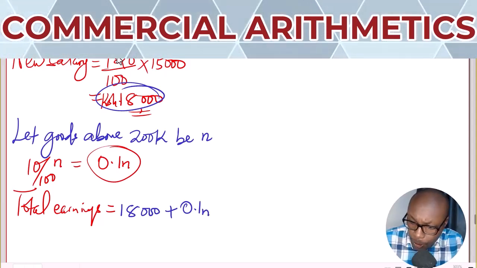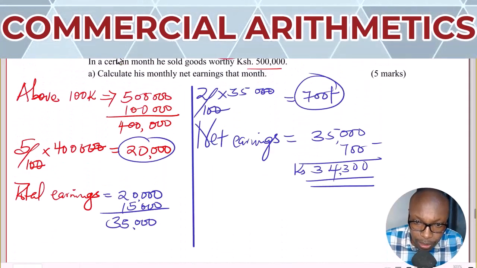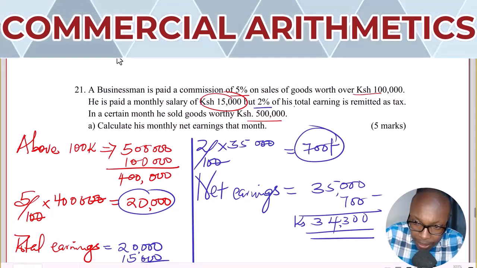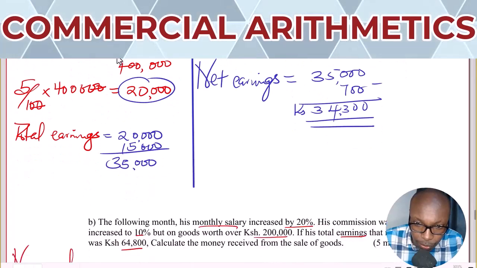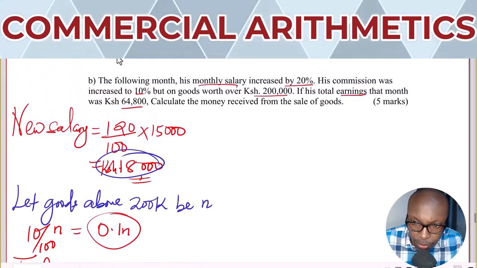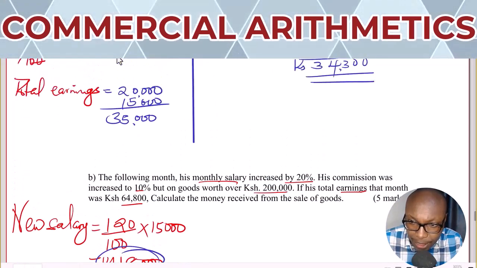And then to get the total earnings, remember there's another condition here, that there's a taxation. From the first part, 2% is remitted as tax. So these total earnings will be given after taxation. So the taxation is on the total earnings, 2% of the total earnings.